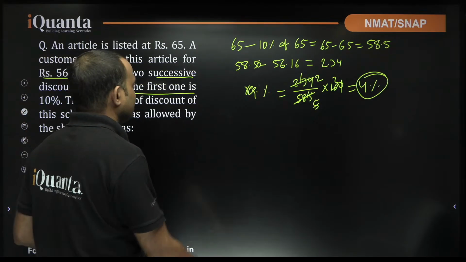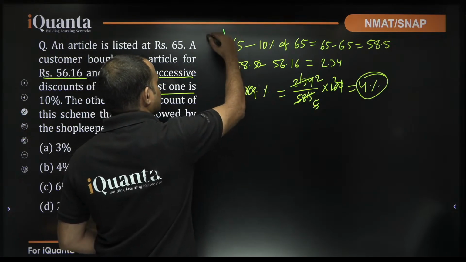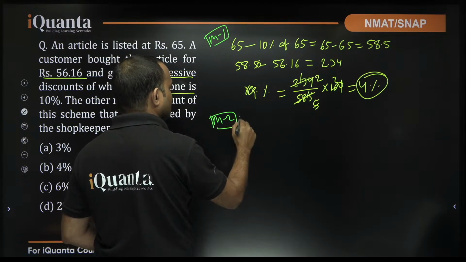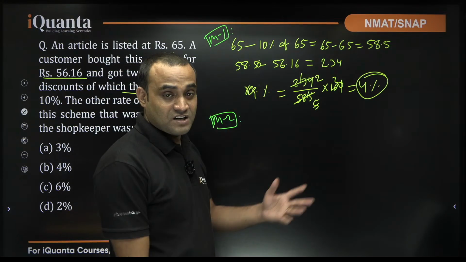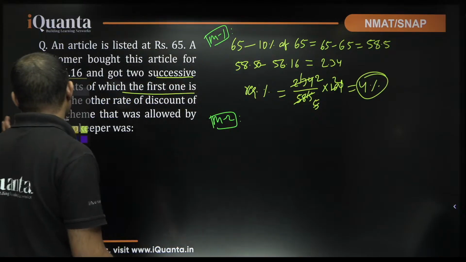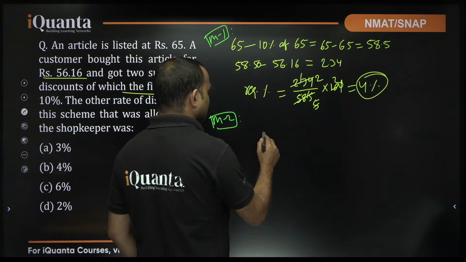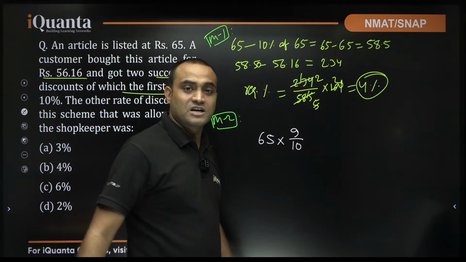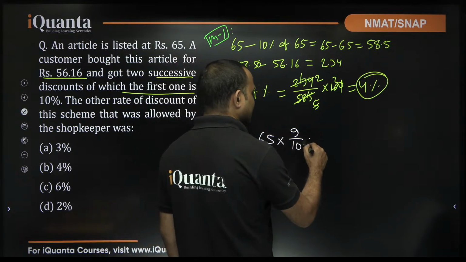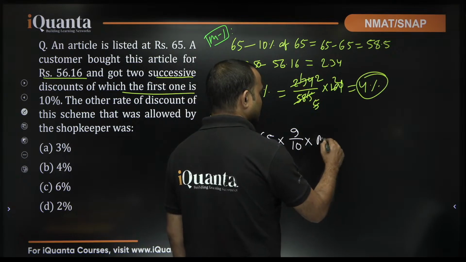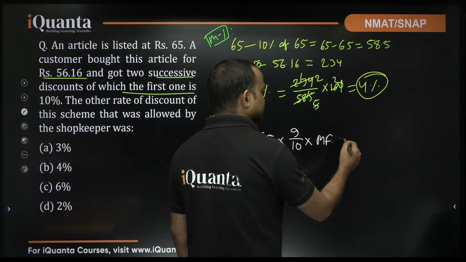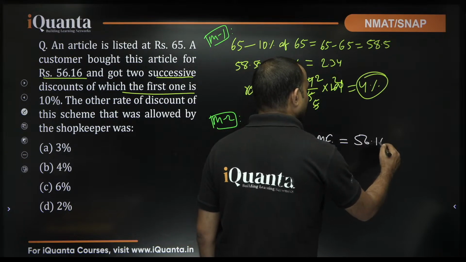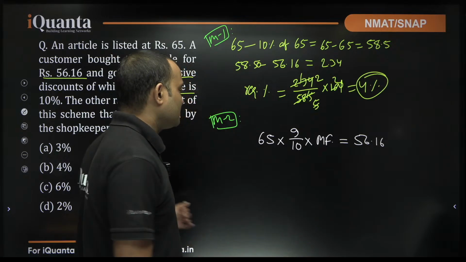Now the other way that we can solve this question is using the multiplication factor. What will be that? So take the initial 65 into 9 by 10, for the 10% discount, and the second discount, let's say, the multiplication factor is something, and that would be equal to 56.16.